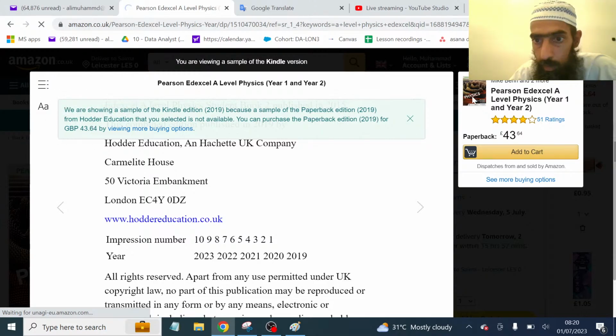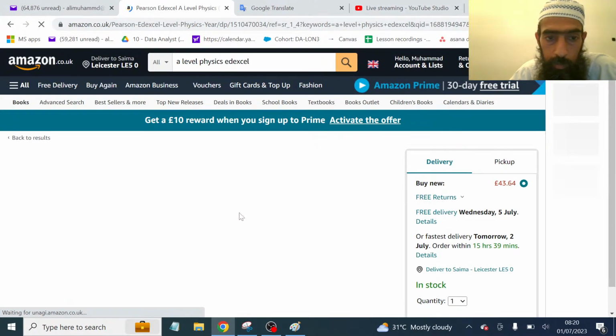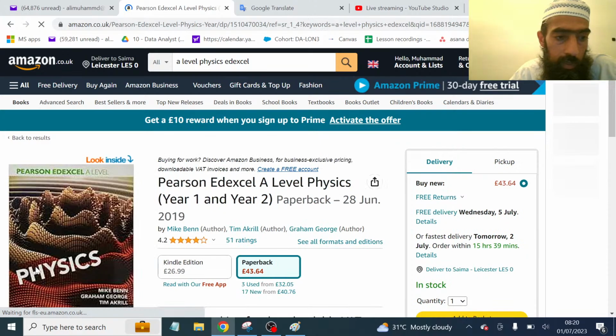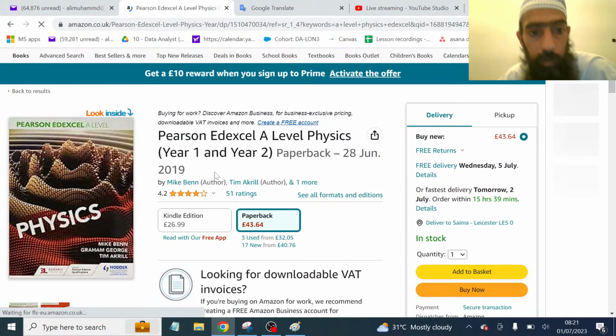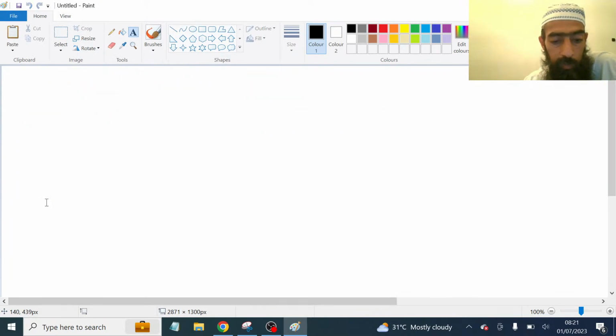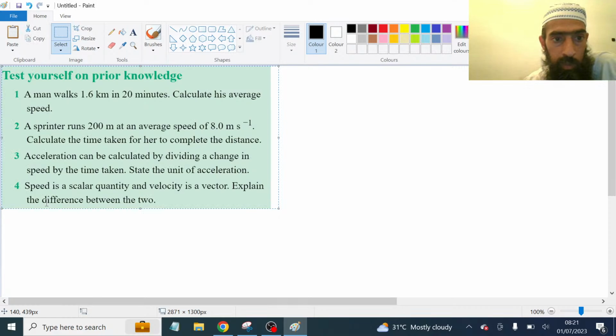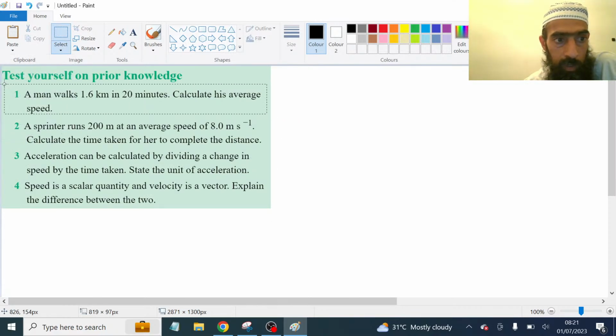And while that's loading, okay, here it comes. So this is what the textbook looks like. Pearson edXL A-level physics. We are going through the year 1 section of it. So Bismillahirrahmanirrahim. First section is an introduction, and we're looking at just some prior knowledge that you need to know before you go through to the next parts of the chapter.